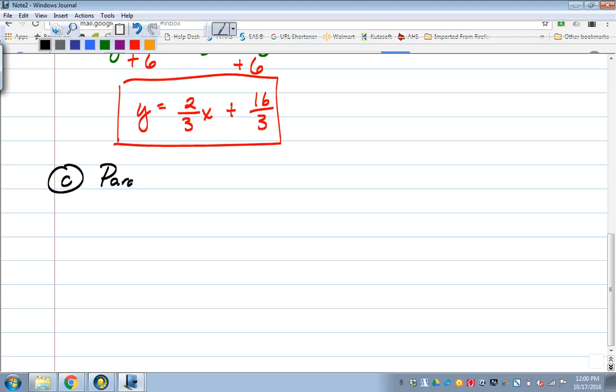Let's say it's parallel to 4x minus 8y equals 16.